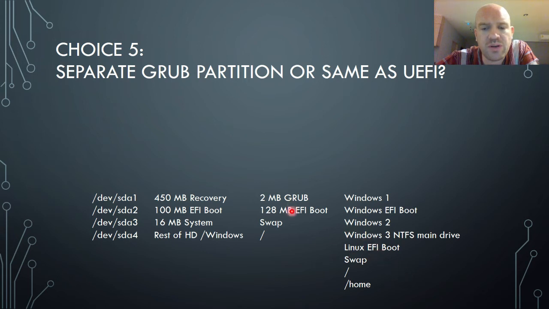Then when you put GRUB on the EFI boot, it's going to crash somehow, or there were some bugs associated with that. So then, if you make this special partition just for GRUB, you're not going to have those bugs. But on the other hand, that was 1.5 years ago, and they should have solved it by now, I think.